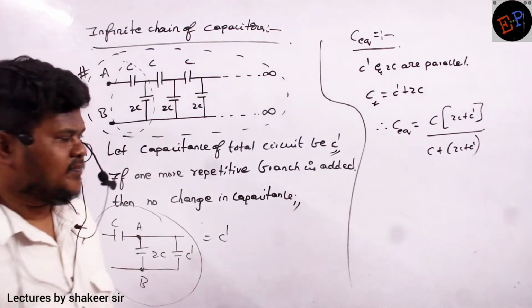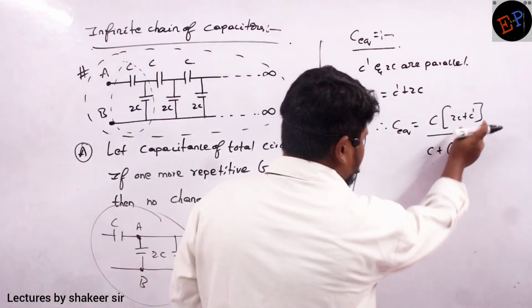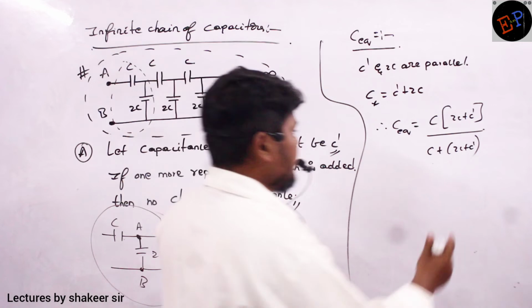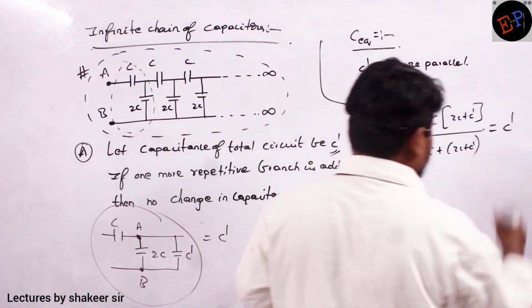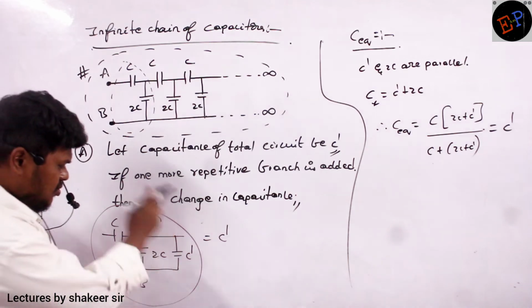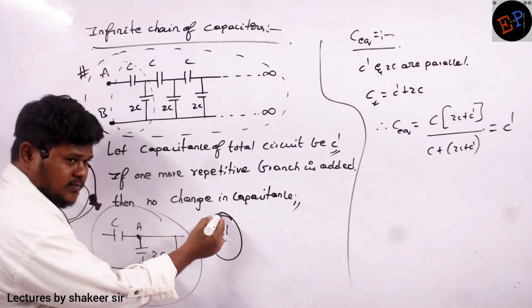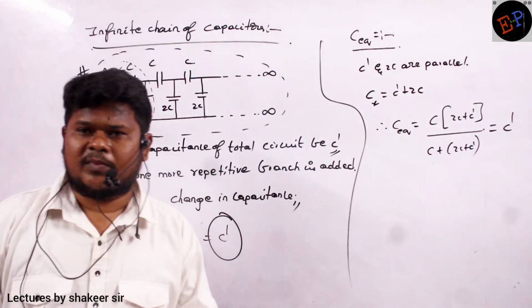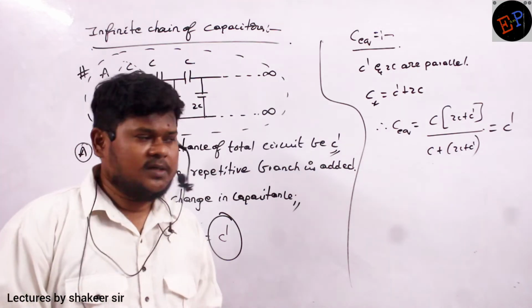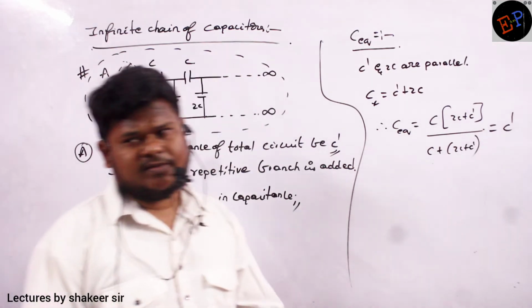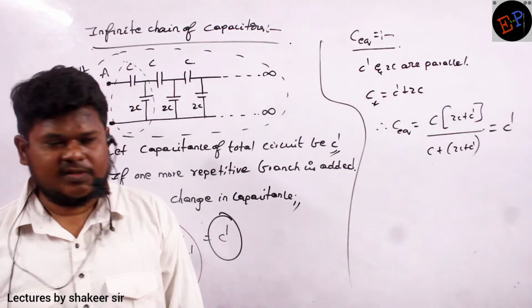That is the formula, no? And this total equivalent capacitance is again equal to C dash only, no? Are you able to understand? Because if I add one branch or remove one branch, nothing is going to happen. Now just simplify this equation, and you will get the required C dash. That is my answer. Is it clear, ma?